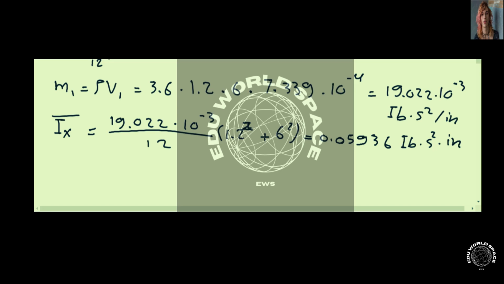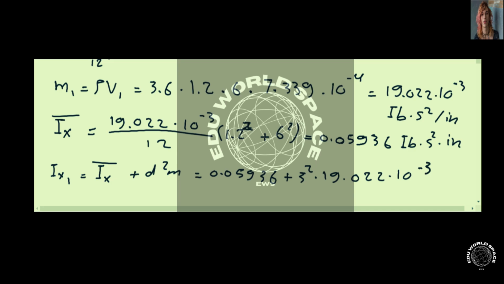Since the distance between centroid of part 1 and x-axis is d equals 3 inch, the mass moment of inertia about x-axis is Ix1 equals Ix bar plus d squared m, equal to 0.05936 plus 3 squared multiply 19.022 multiply 10 power negative 3.